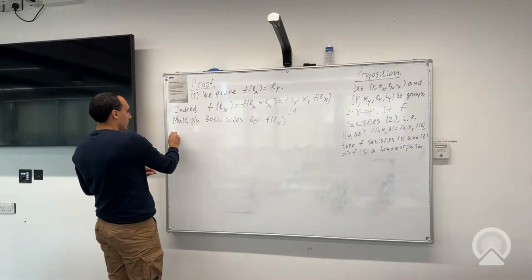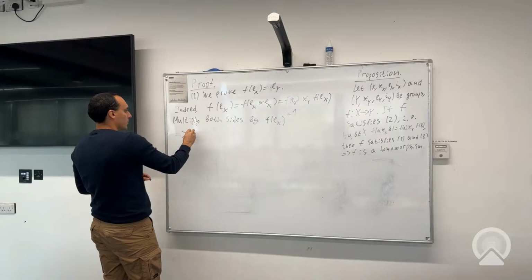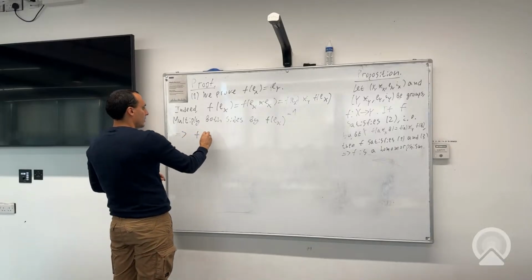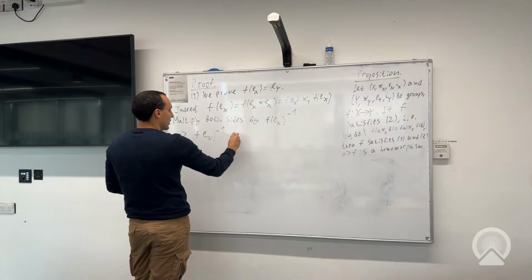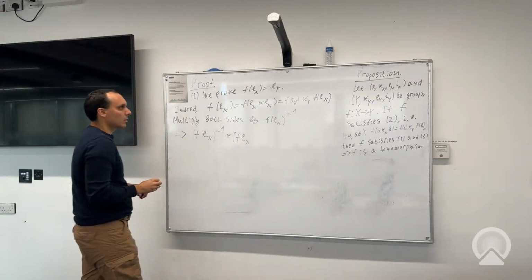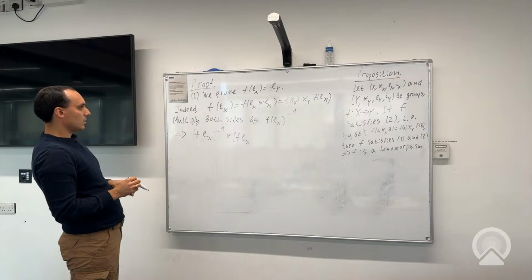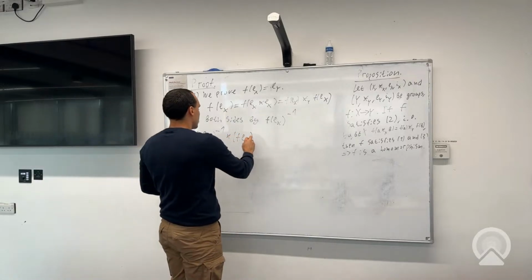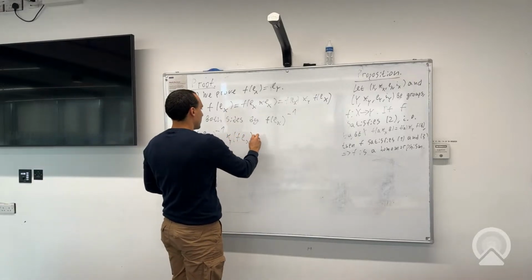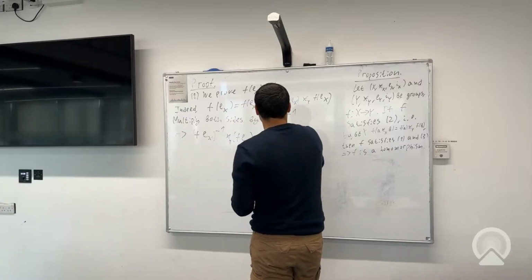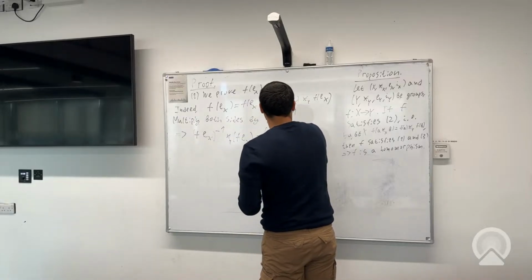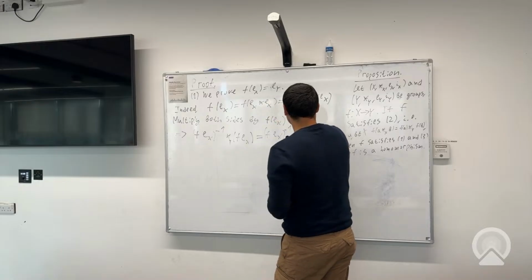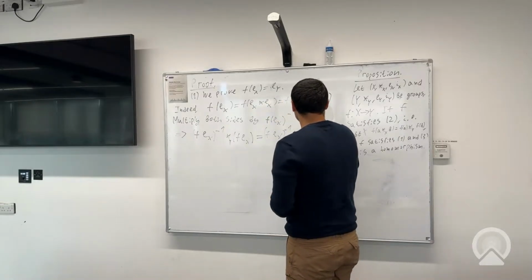So we have f of e_X to the minus 1 times f of e_X equals e_Y, f of e_X to the minus 1 times f of e_X times f of e_X.